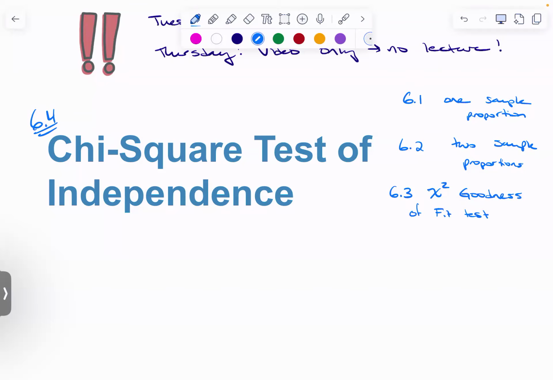That's if you have 3 or more proportions, right? If you have multiple categories and you have some idea of what that distribution should look like, then you can compare your observed distribution to the expected distribution. So this is for 3 or more categories, which you could turn into proportions, but usually we just deal with the counts.